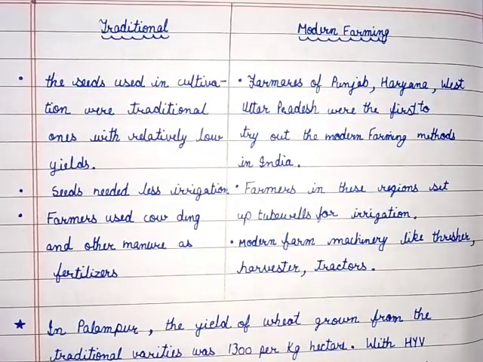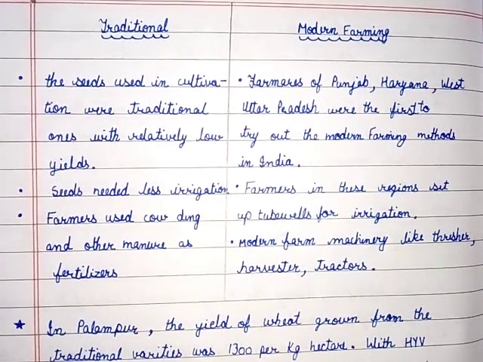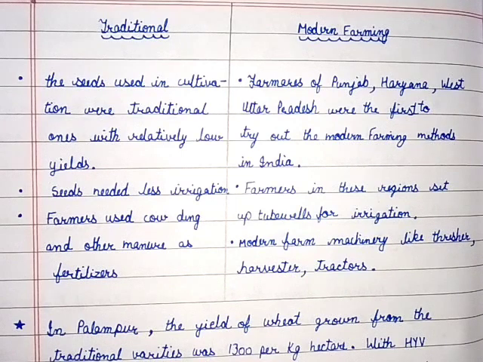Difference between traditional and modern farming. Traditional: the seeds used in cultivation were traditional ones with relatively low yields. Seeds needed less irrigation. Farmers used cow dung and other manure as fertilizers. Modern farming: farmers of Punjab, Haryana, West Uttar Pradesh were the first to try out the modern farming methods in India.